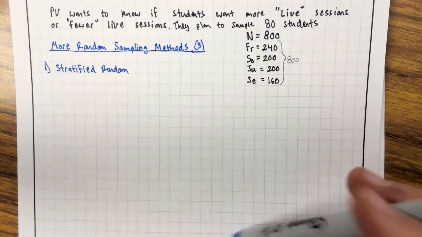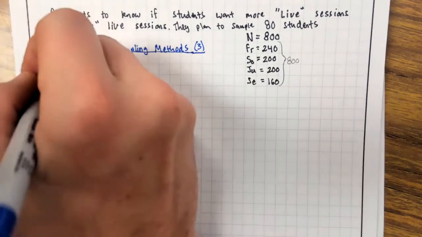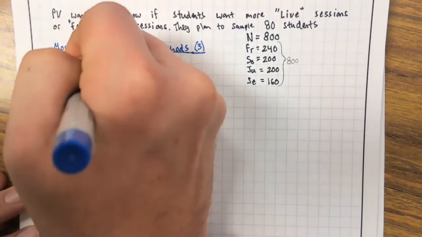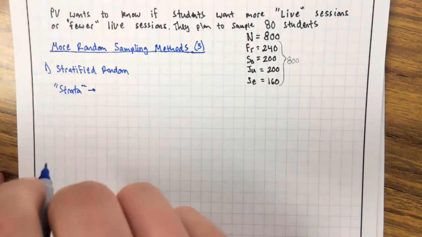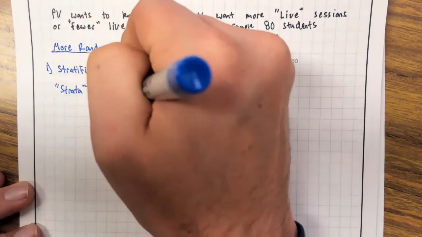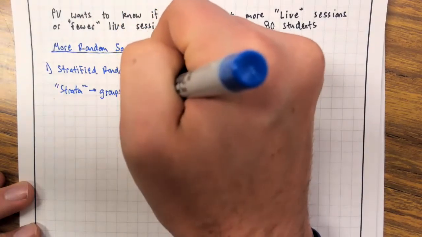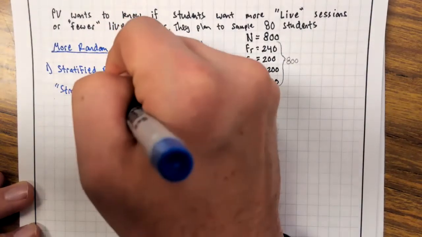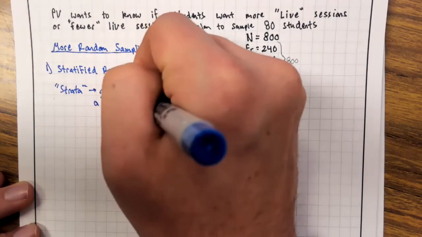Now, stratified comes from this word called strata. So strata refers to groups that share a characteristic. Groups that share a characteristic.